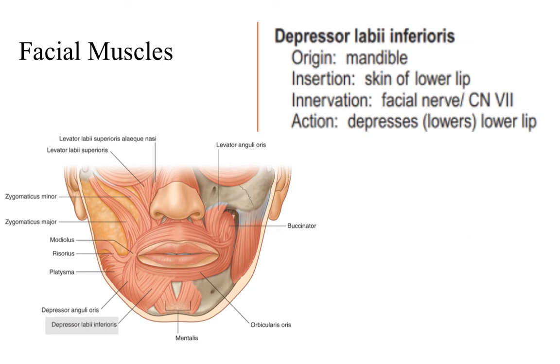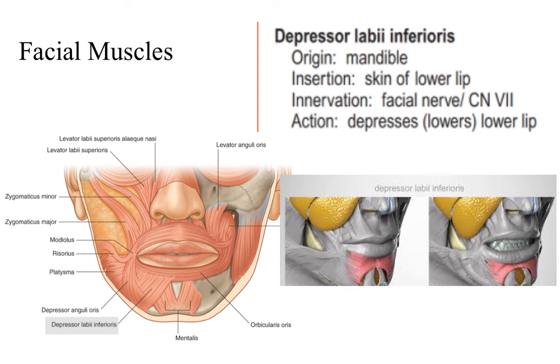The next muscle is the Depressor Labii Inferioris. That's this muscle right here that I'm highlighting in black. Notice that it is going at an oblique angle from the mandible to the skin of the lower lip. So when it contracts, it's going to depress the lower lip. If you've got it on both sides, you're going to draw the lower lip down. This is what that might look like.